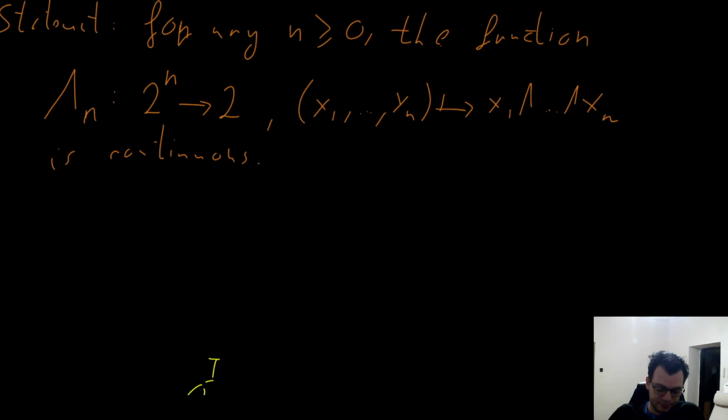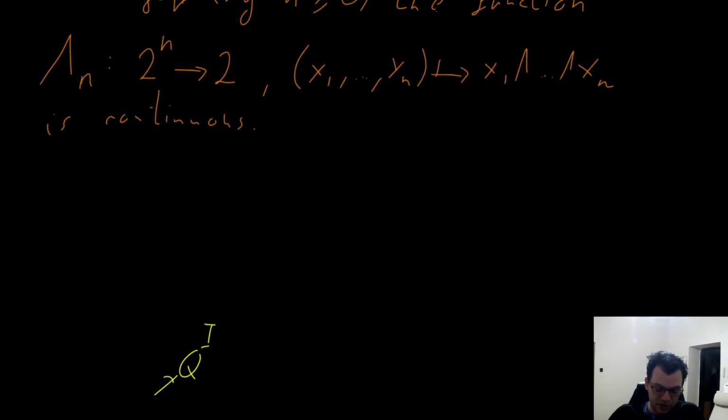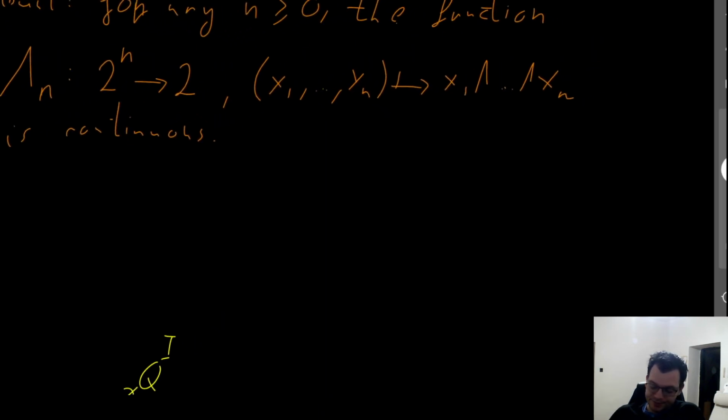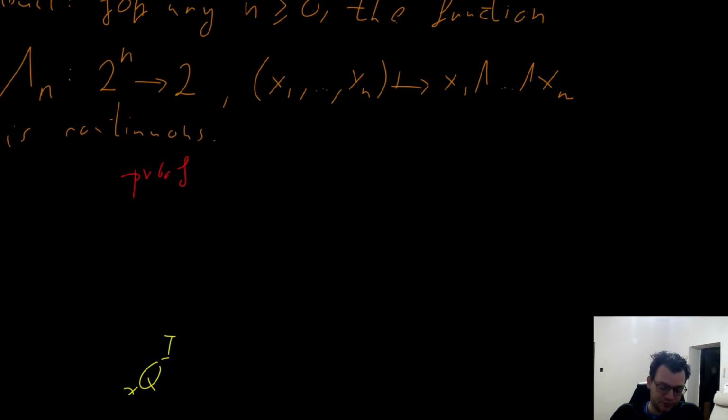Okay. So let's try to prove this again. N-ary conjunction is continuous. Proof. Again, if I'm having this function, then I have to get a chain from its input poset, which is 2 to the n. 2 to the n is just a shorthand for 2 to the 1, 2, 3, 4, n. So there are vectors having the first, second, fourth, and so on, nth element.